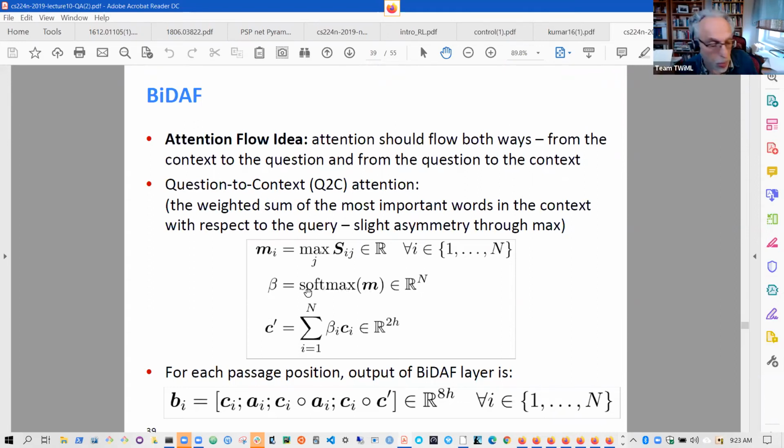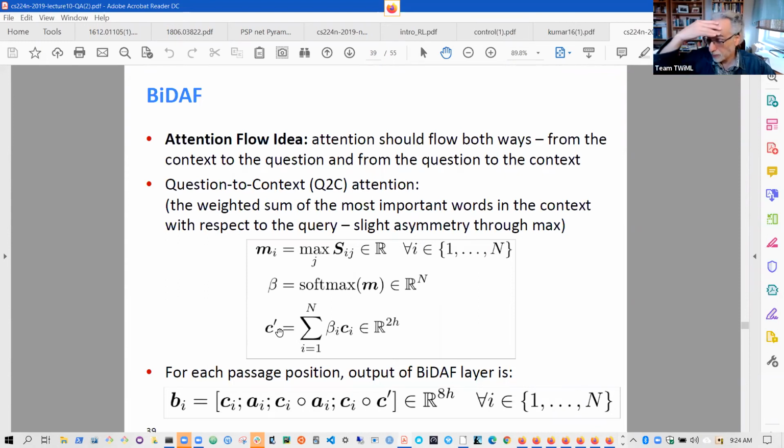Now it's creating this thing that's similar to the A_i. It's some kind of an attention-weighted average of the context words, where this is the attention, and these are the context words. We're weighting each context word by this attention, and then adding them all together, and that gives us this C prime.